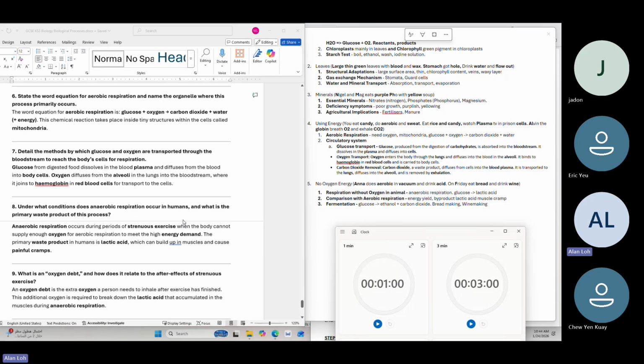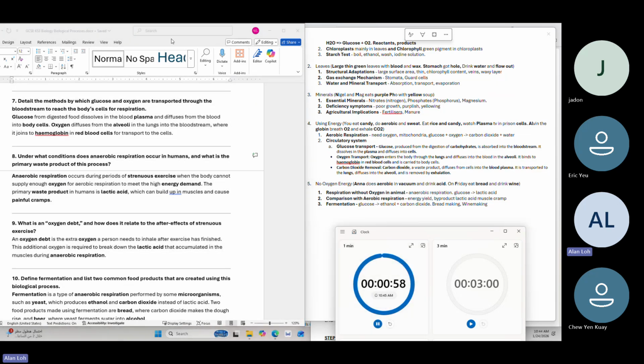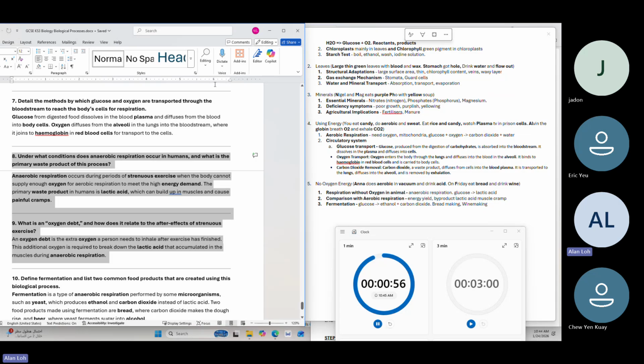Okay, 8 and 9. Let's start now. 8 is drawer 5, obviously, anaerobic. 9 is also drawer 5. Oxygen debt is also about anaerobic.